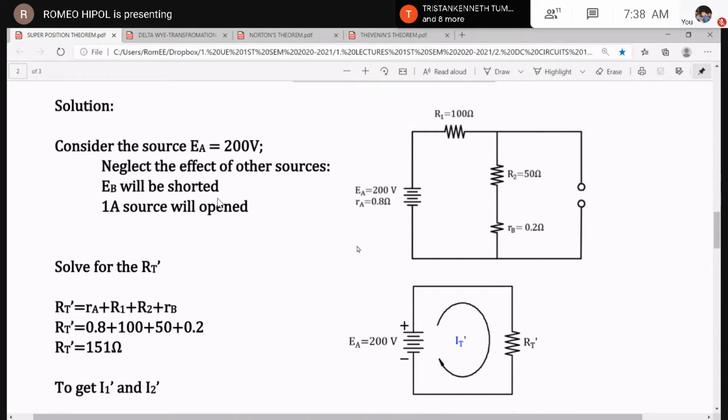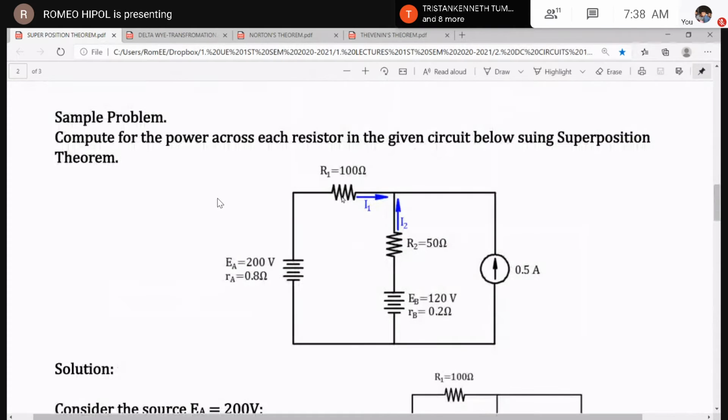So next step is to find the current flowing to each resistor. Pero ulitin ko ha, depende sa problem kasi yung hinahanap. In this case kasi, compute the power across each resistor, meaning we need to compute for the current on each resistor, R1 and R2.